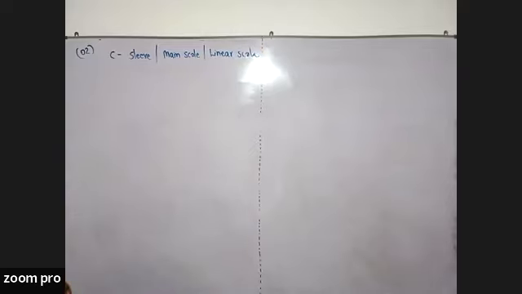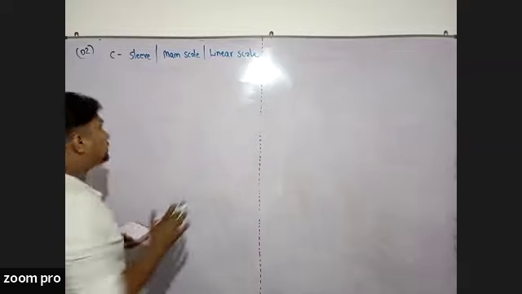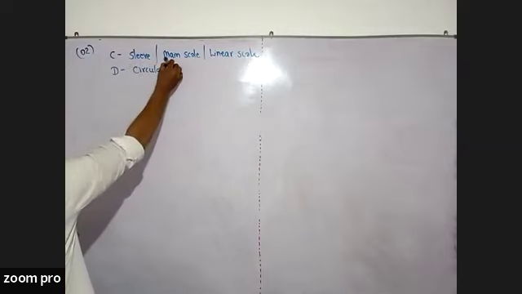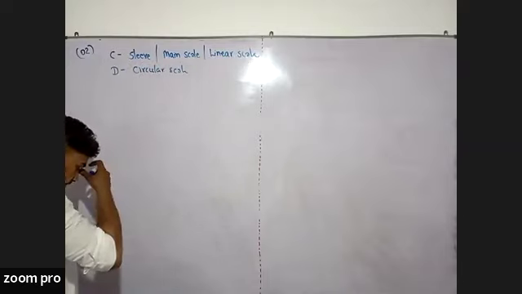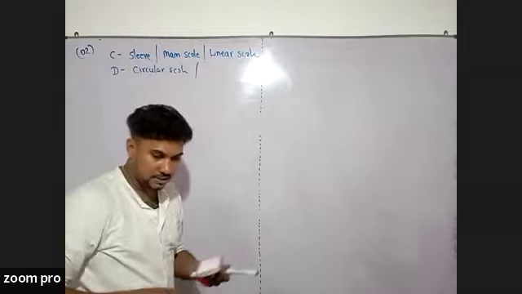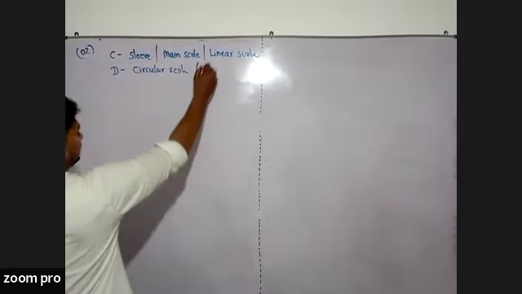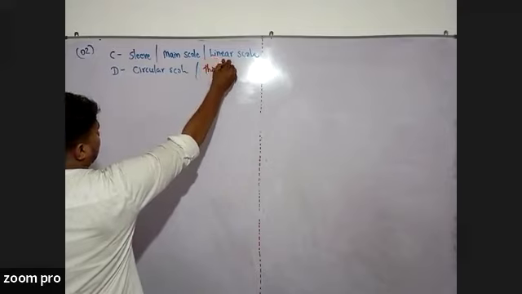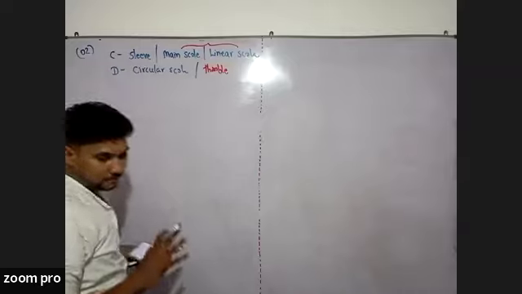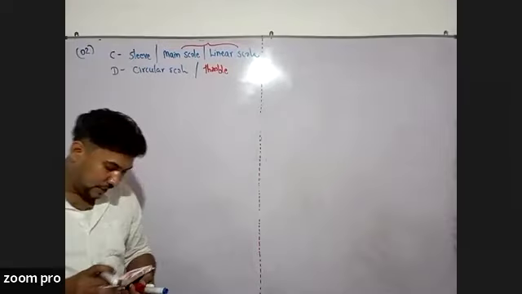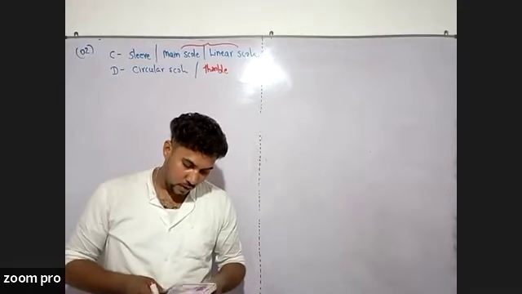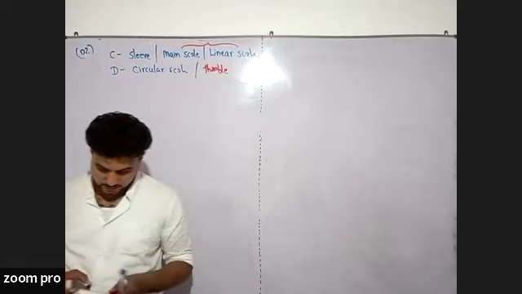All of these answers are correct. D is obviously the circular scale, but some of you might label it as the thimble. That can also be accepted. Both were used to represent the same thing. E is the thimble head, or it also can be considered as the ratchet.